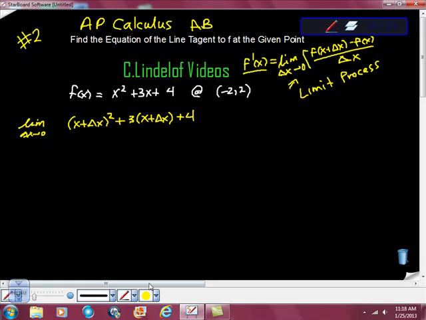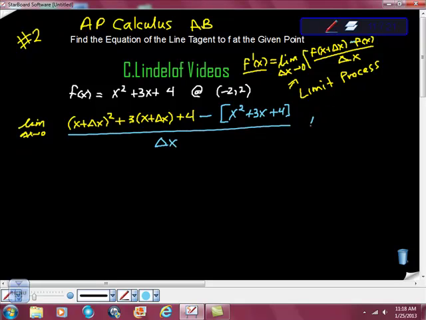And the next thing is we're supposed to subtract out f of x, and f of x, of course, is x squared plus 3x plus 4. We have all of this over change in x.